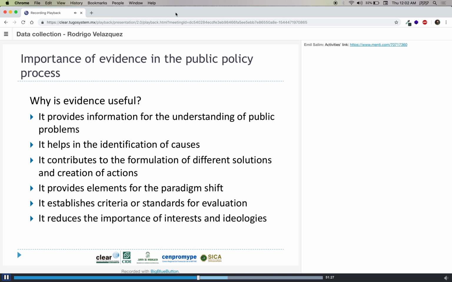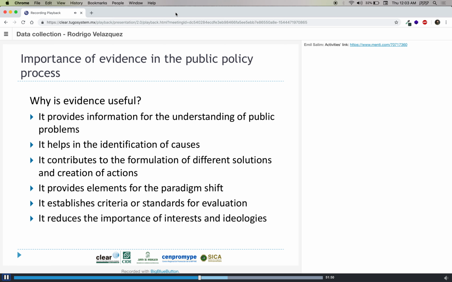So let's say that through evidence, we also had this paradigm shift. The other point has to do with the fact that evidence establishes criteria or standards for evaluation. So as you have seen in these sessions, evaluation without evidence cannot exist.